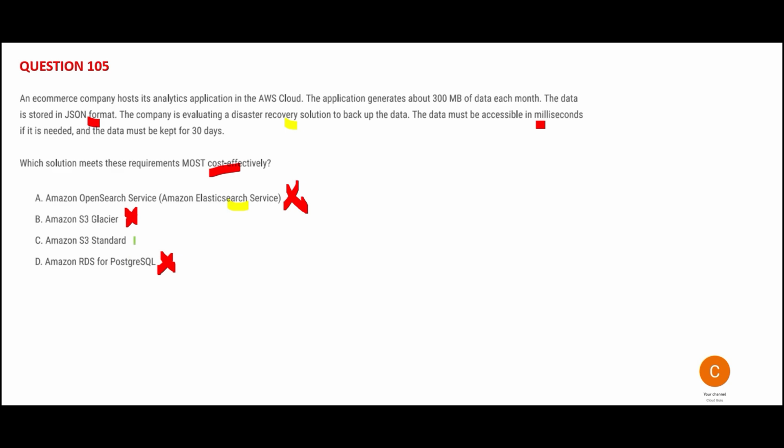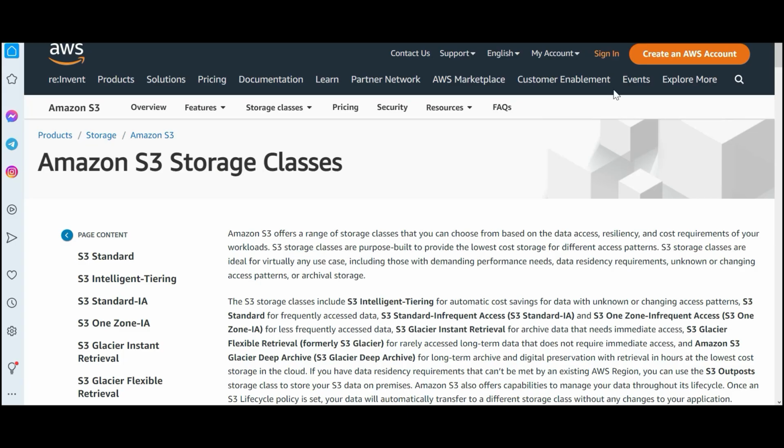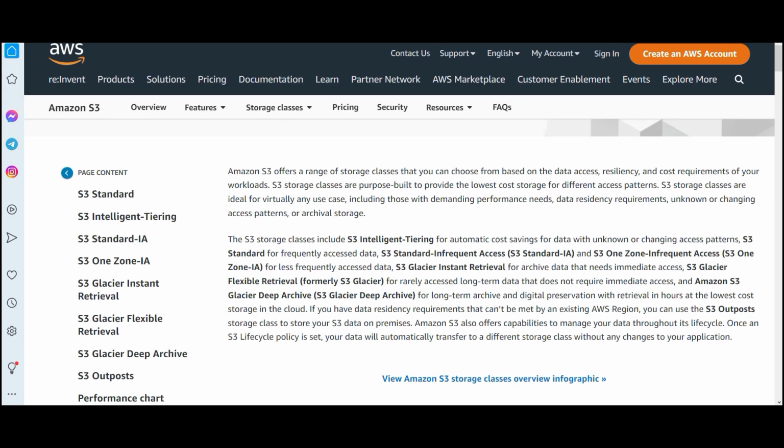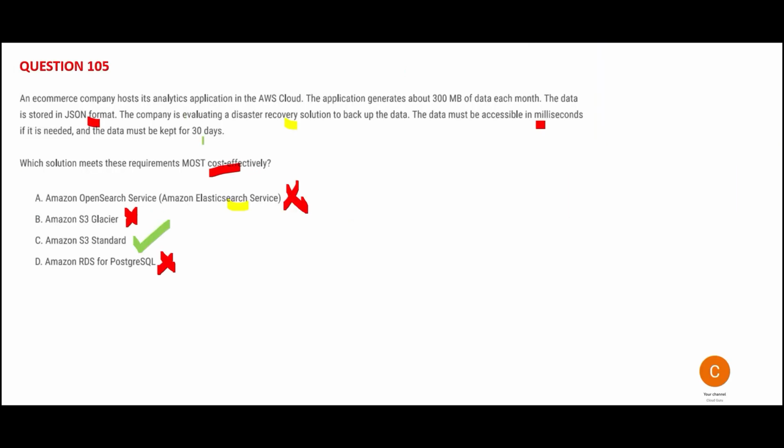A better way is to put it on S3 Standard because this will give you millisecond performance, and as it is just a matter of storing for 30 days, I would choose Standard. I would keep it there for 30 days and then move to Glacier. So this would be my solution.